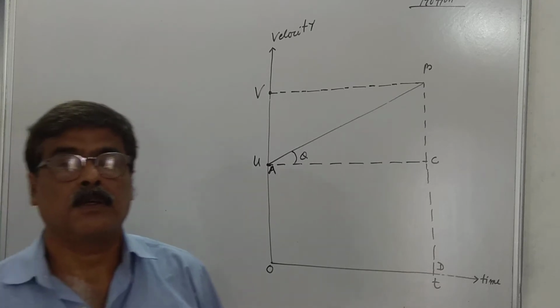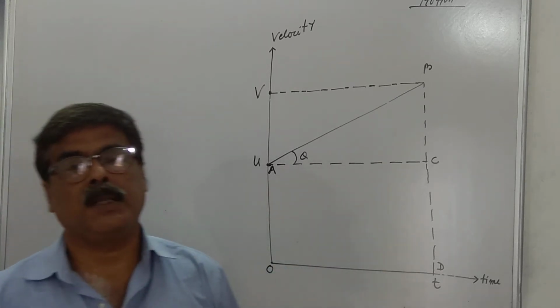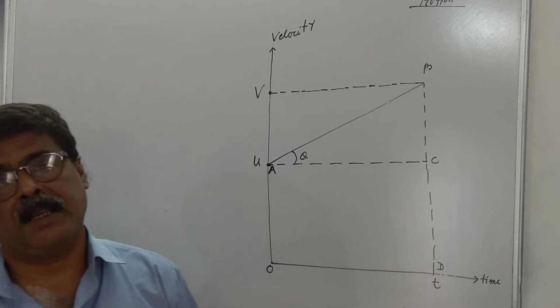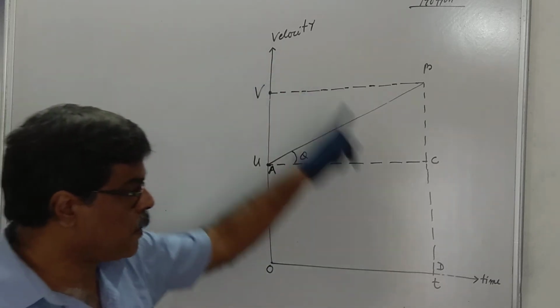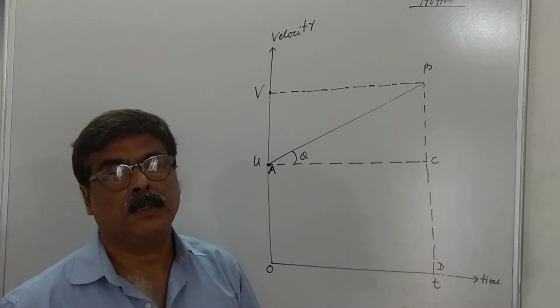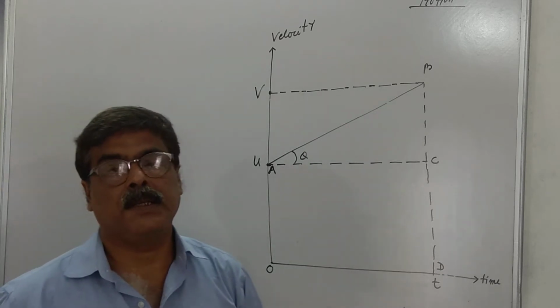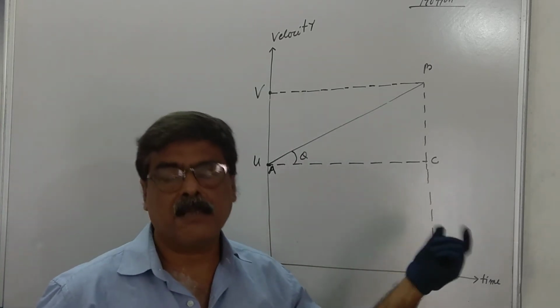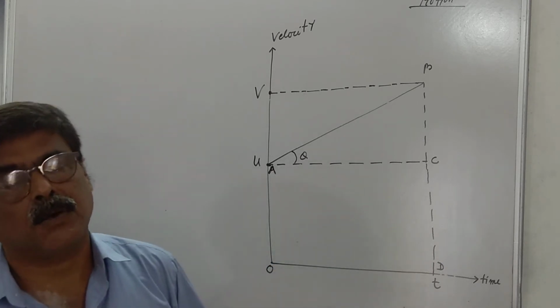Now, which physical quantity is uniform here? Here the uniform quantity is velocity or acceleration? Because it is the graph of velocity and time, and the slope of the graph represents acceleration. Hence, in this graph, acceleration is constant.